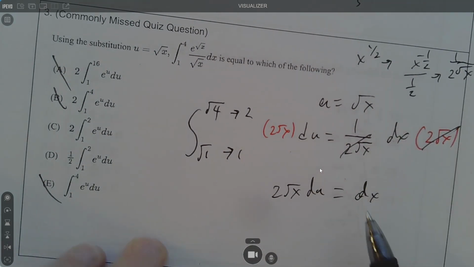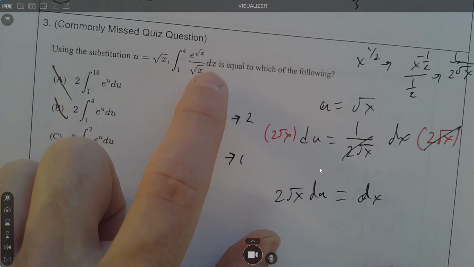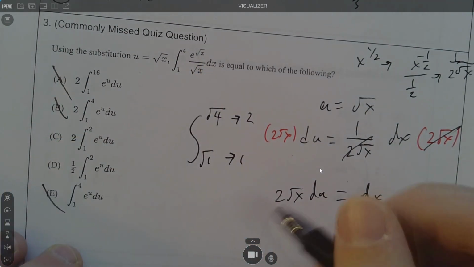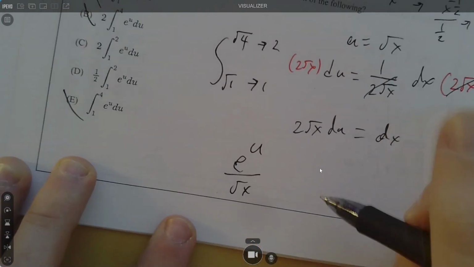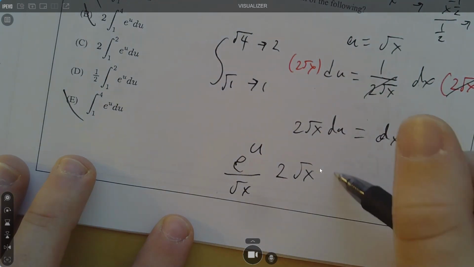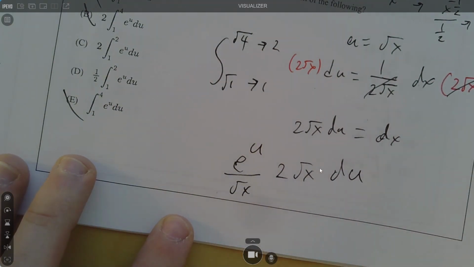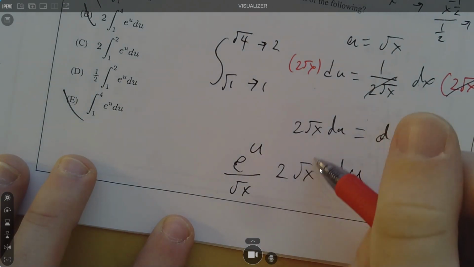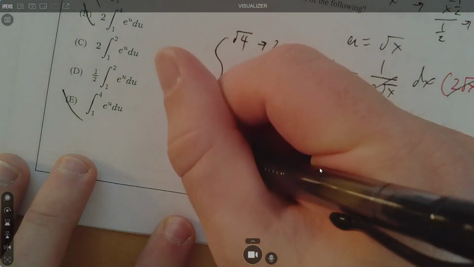Now, when you plug it into the equation, I'll write it out. It's going to be e to the u over root x times 2 root x du. And what's going to happen is this root x and this root x will cancel, and the 2 comes out front.